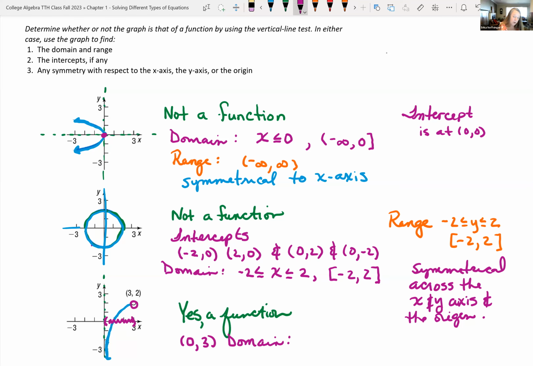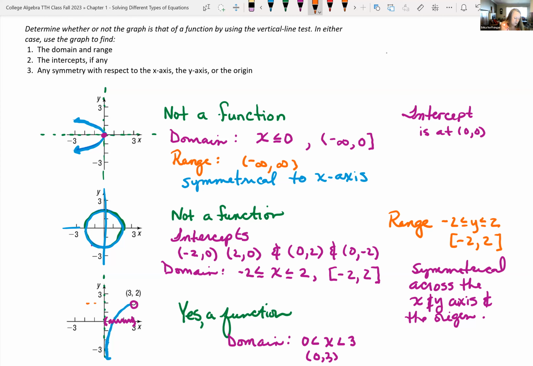If I wanted to write that in inequality notation, 0 would be less than x, which would be less than 3. The range, though, is all the y values you're hitting.